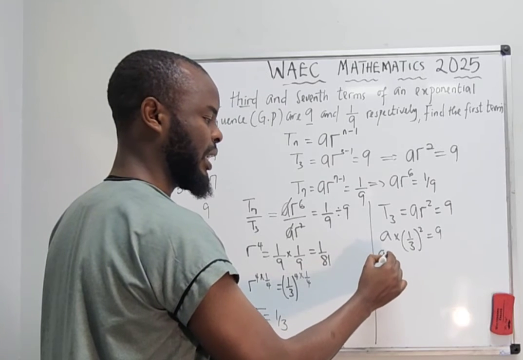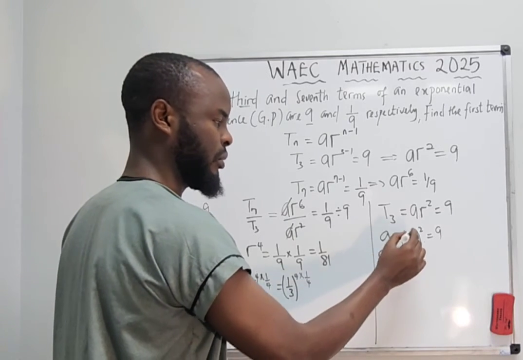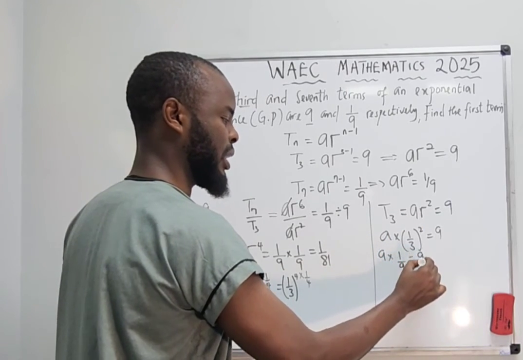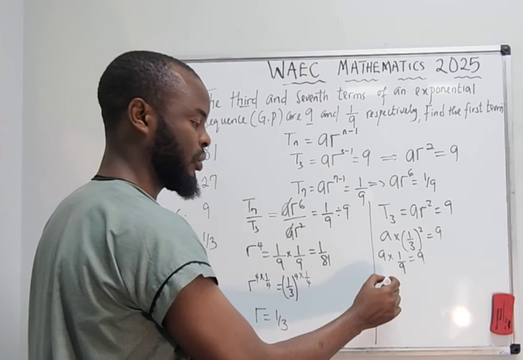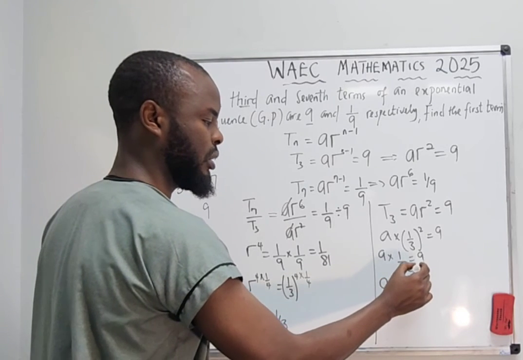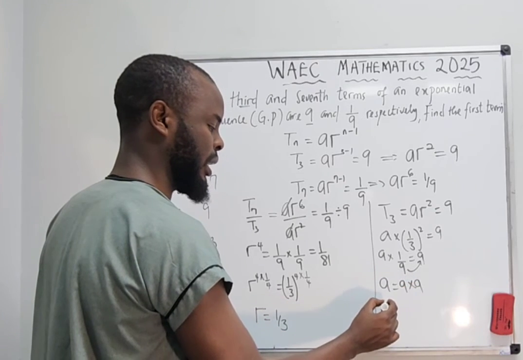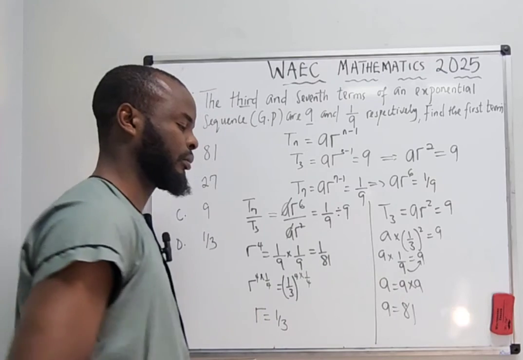So a multiplying 1/3 squared is the same thing as a times 1/9 equals 9. You can cross multiply, so a equals 9 times 9, and a equals 81.